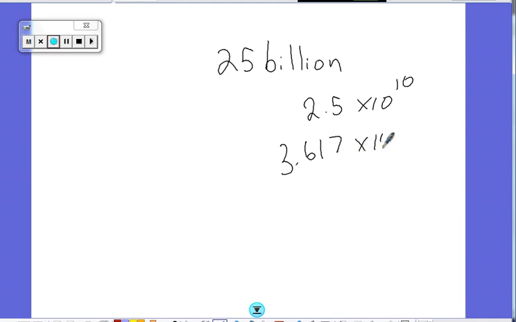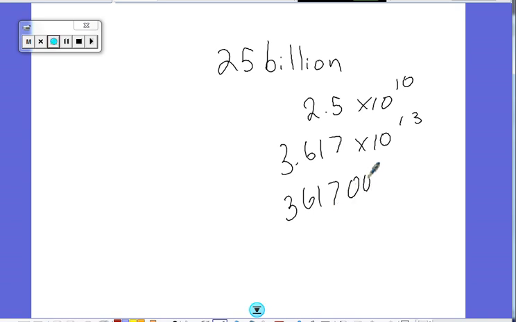3.617 times 10 to the 13th power. Let's make that a number in standard form. How many zeros do I have to put in this puppy? So we're going to write 3617. 10 zeros.